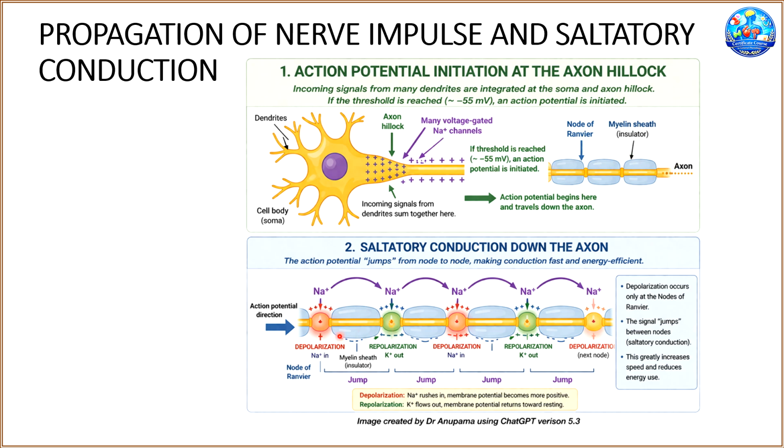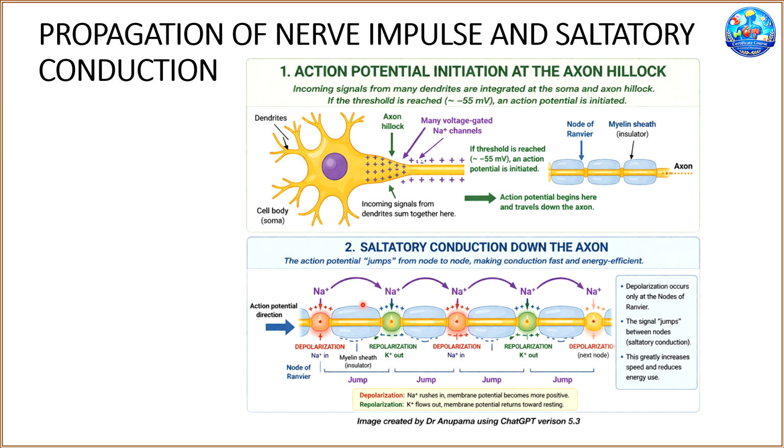Here we are seeing the saltatory conduction, how it is jumping. It goes very fast. Once the depolarization is initiated here, the signal jumps to the next one, and there repolarization is initiated.